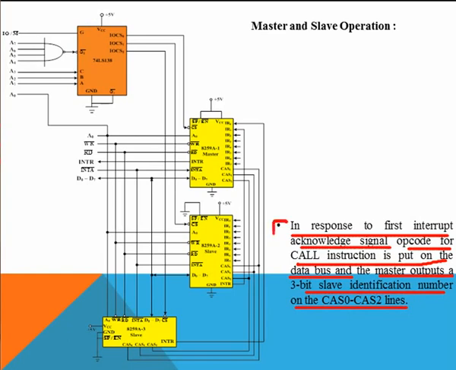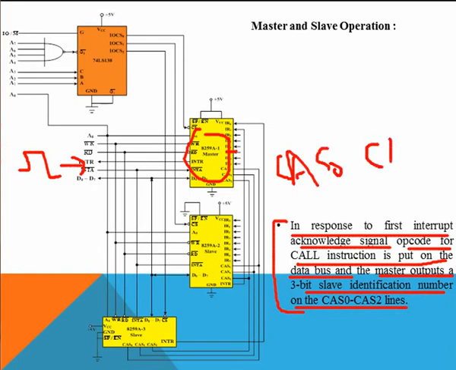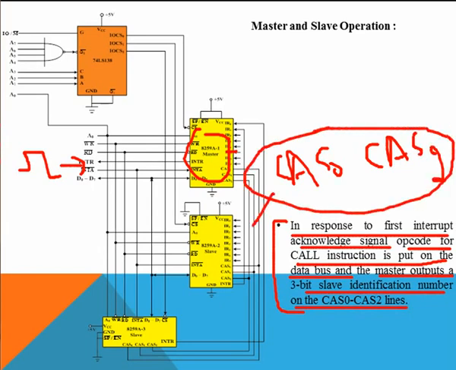In simple words, after getting the first INTA pulse, the master will generate a vector address with the combination of CAS0 to CAS2 pins, which will be the identification number of the slave 8259s.